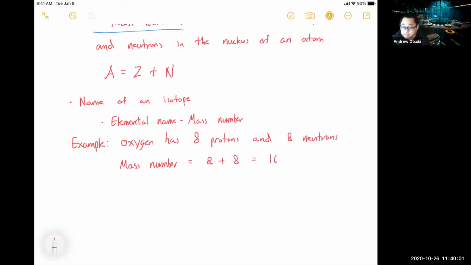That gives us 16. So we name it oxygen-16.